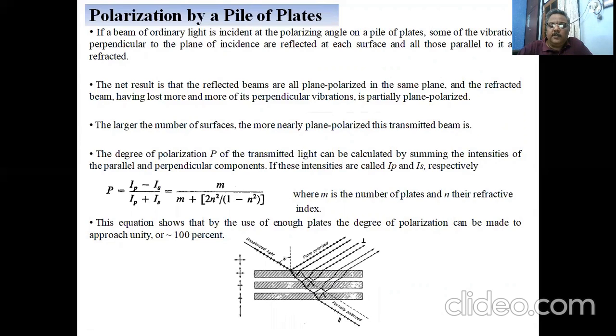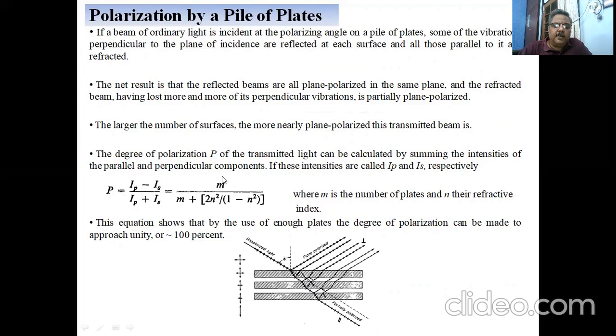So this light will be polarized, what we are getting after passing through multiple number of plates. And the degree of polarization of the transmitted light can be calculated by summing the intensities of the parallel and the perpendicular components. If the parallel is IP, parallel intensity, and the perpendicular one is IS, then this is the expression for polarizability.